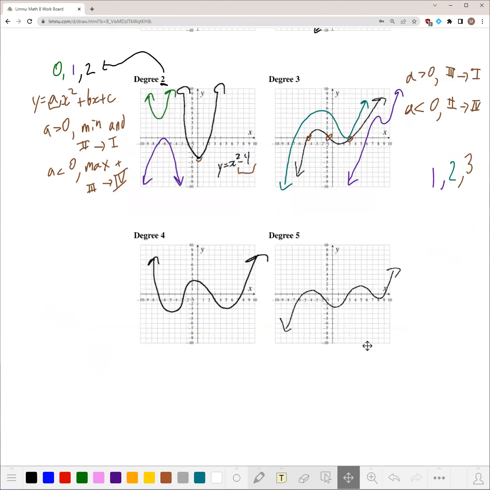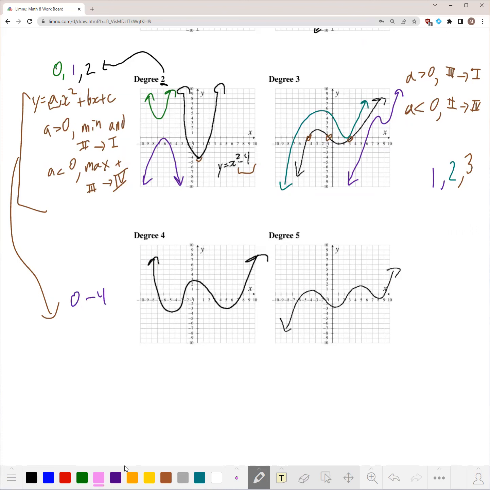All right, degree 4 and degree 5. For these ones, nothing super surprising. Our rules here are exactly the same, so just copy those. You can have 0 still for our possible x-intercepts, all the way to 4 possible intercepts, like this one here.